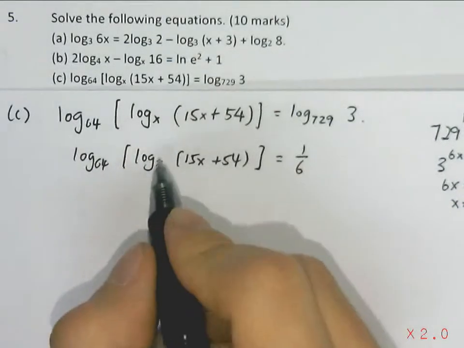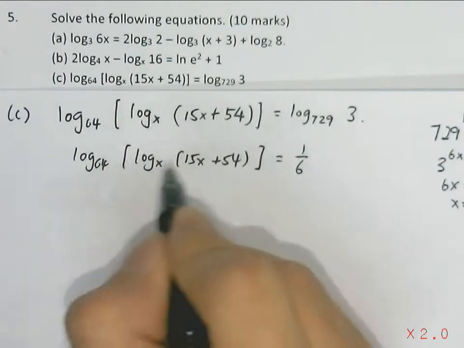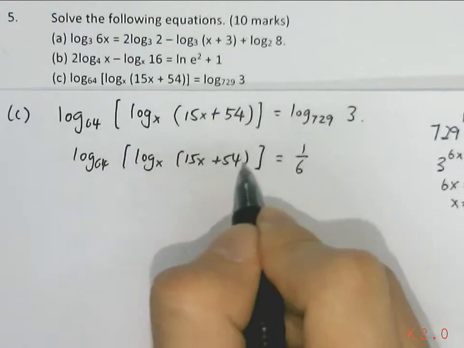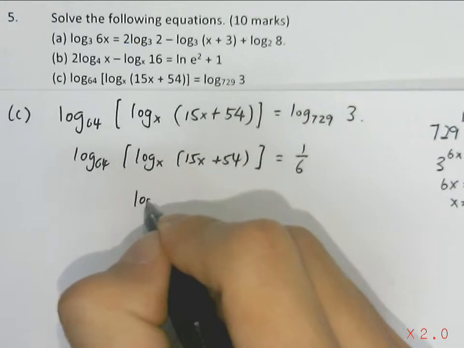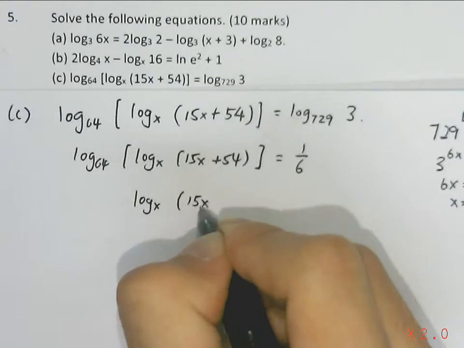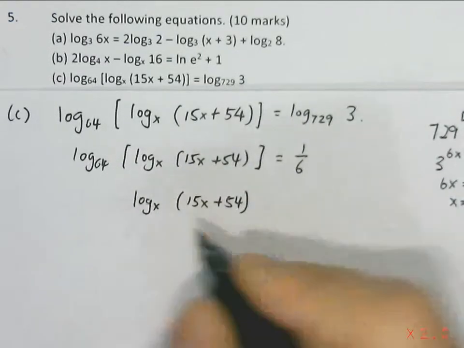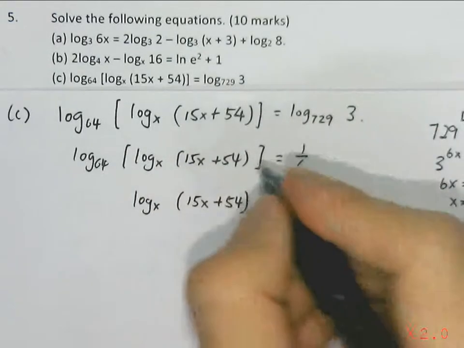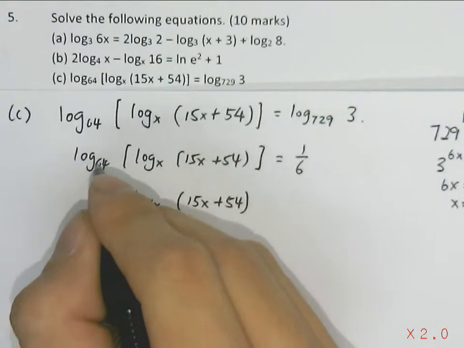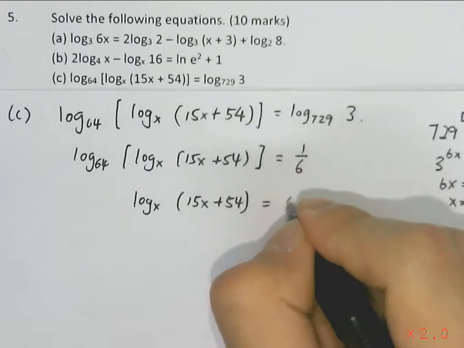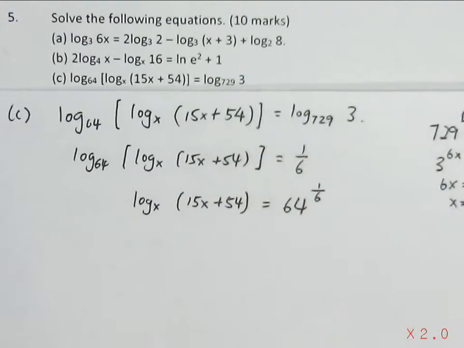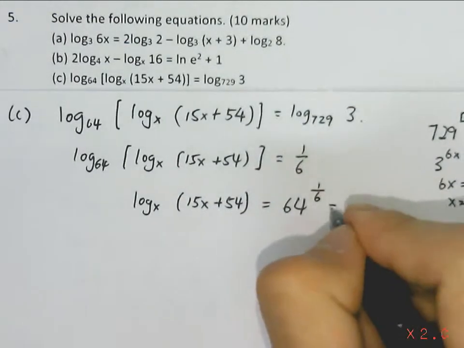So by removing this logarithm, we can find out this term here. So this term, okay, is changing logarithmic form back to the exponent form. So base is 64, the index is 1/6, so base 64 power 1/6, that gives us 2.